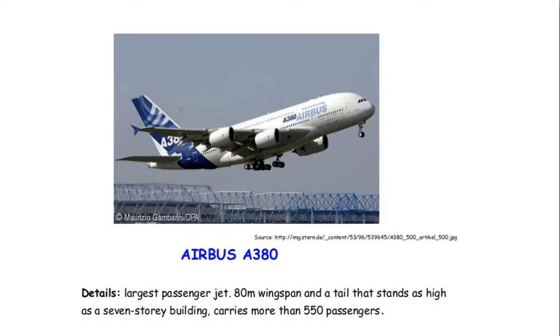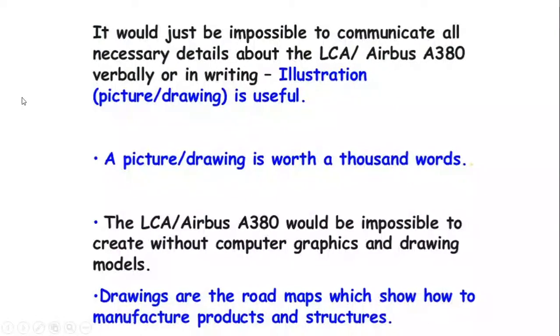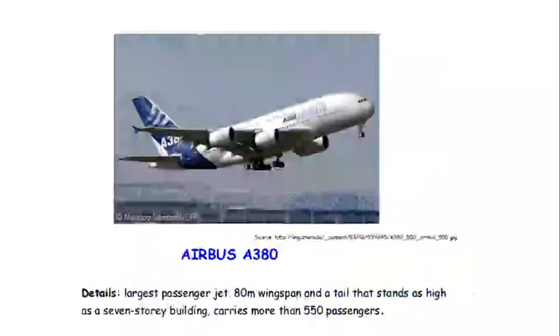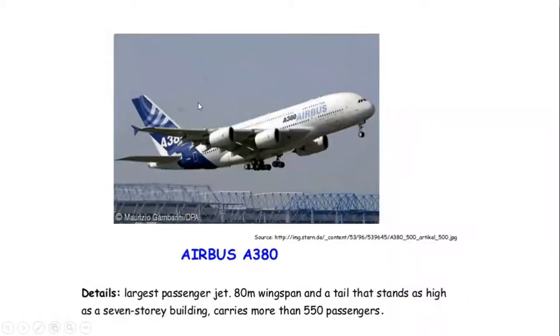It has a huge wingspan and a tail that stands as high as a seven-story building, and carries more than 550 passengers. It would be impossible to communicate all necessary details about the LCA and Airbus A380 verbally or in writing. But an illustration or picture drawing is very useful to explain all the details about this aircraft.